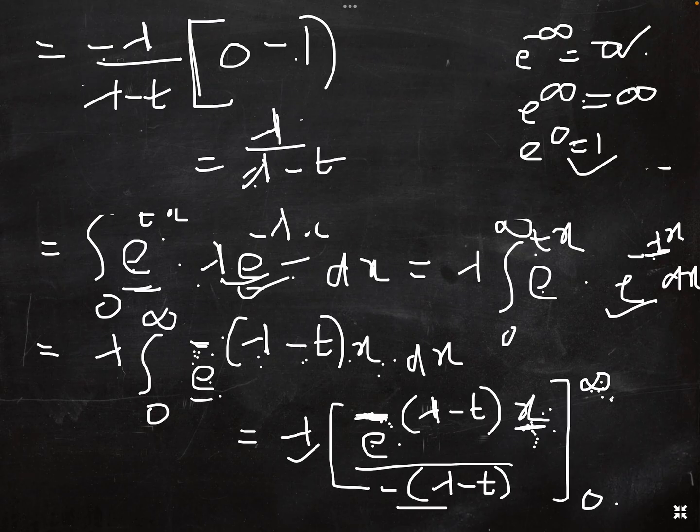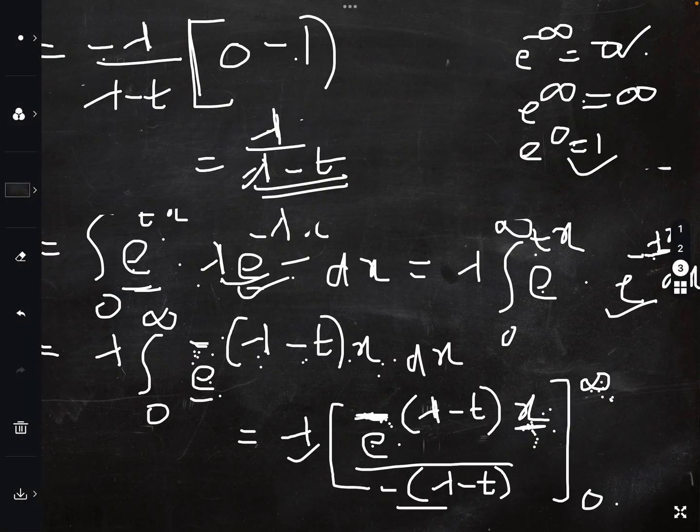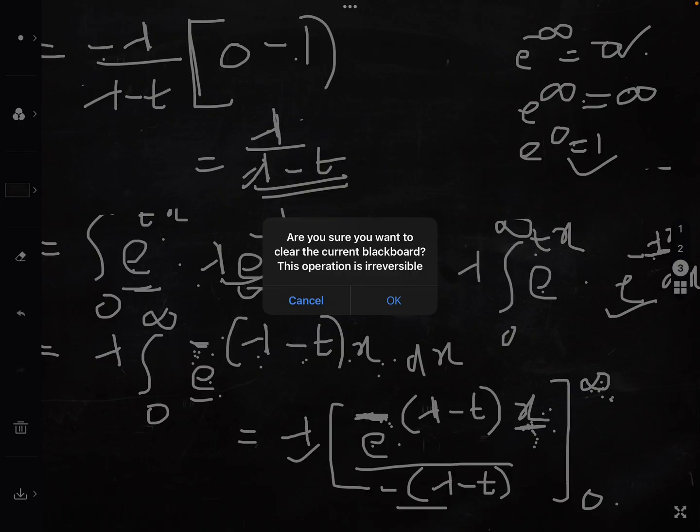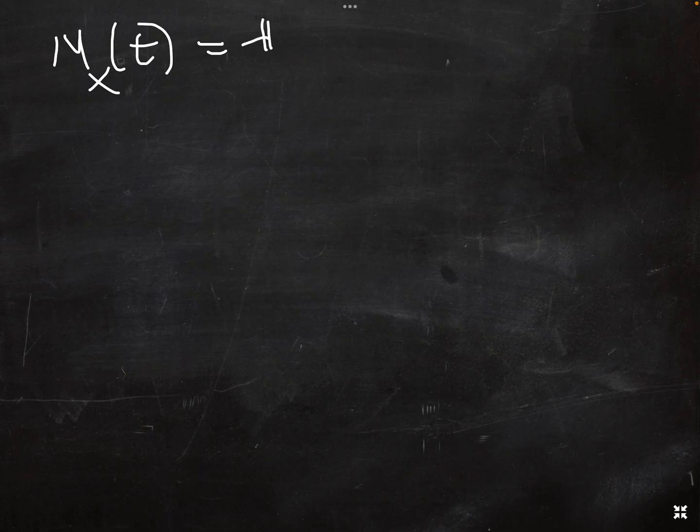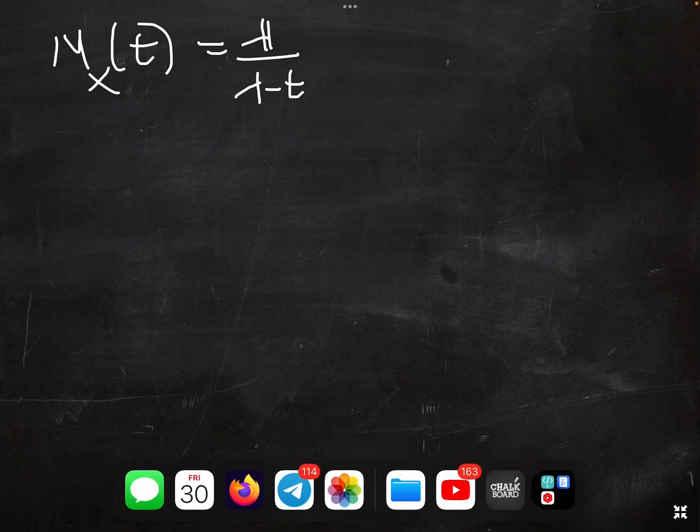Okay, so we get the MGF: M X of t is equal to lambda by lambda minus t. This is what we were finding. Okay, lambda by lambda minus t.